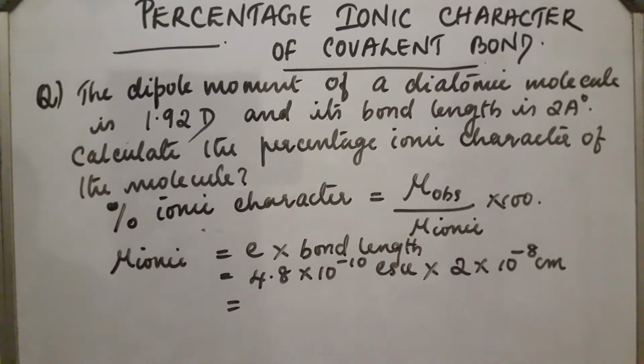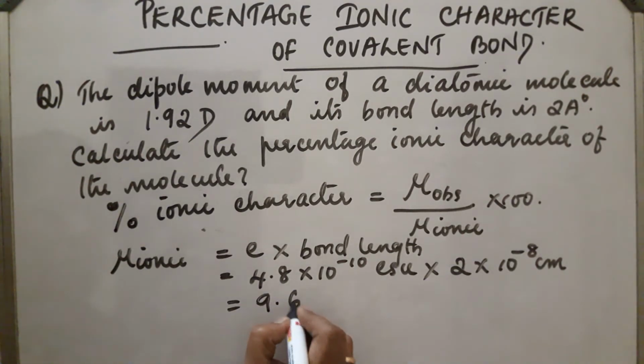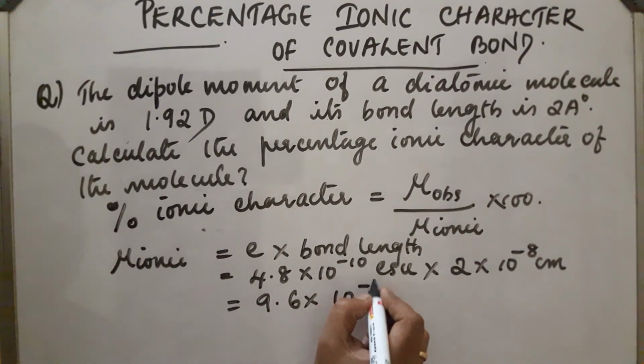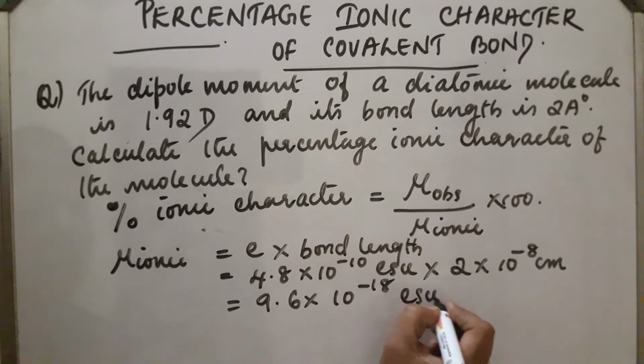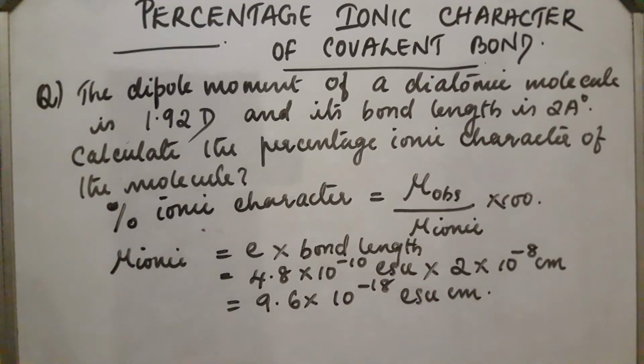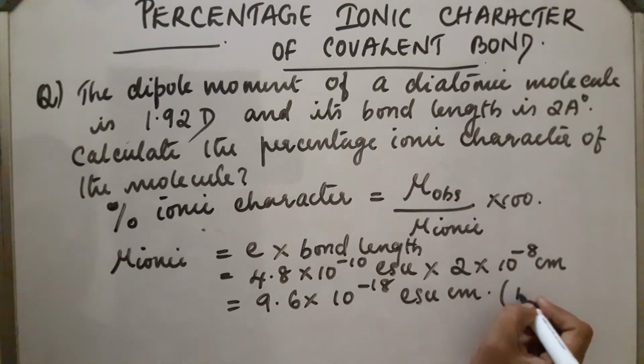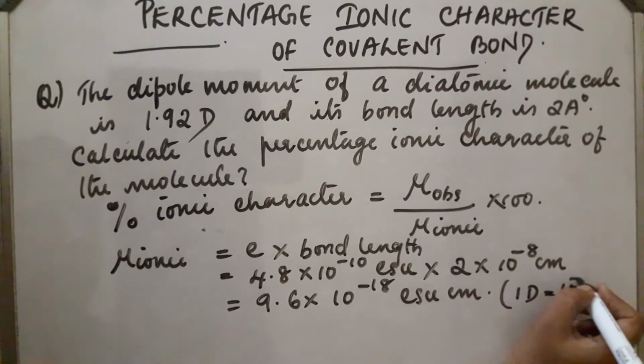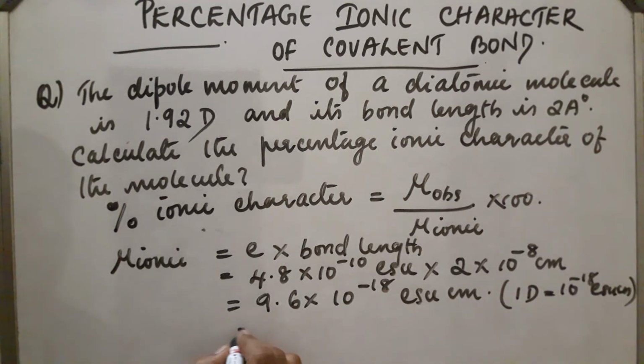After calculation we will get the value 9.6 into 10 raised to minus 18 ESU centimeter. And we know 1 D is equal to 10 raised to minus 18 ESU centimeter, so this will be equal to 9.6 D.